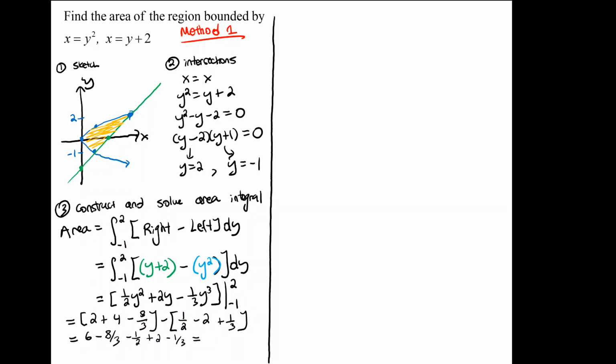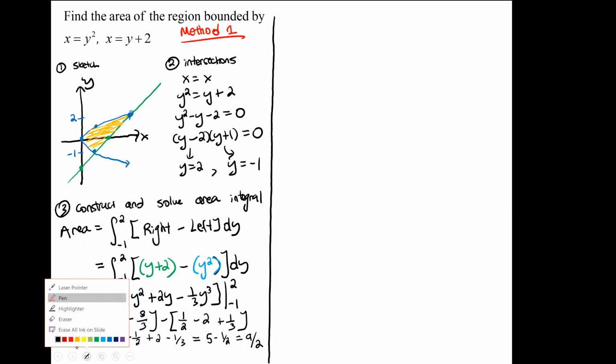So 6 plus 2, 8, and then -8/3 minus 1/3 is -9/3, which is 3. So 8 minus 3, 5, minus 1/2, which is 10/2 minus 1/2, we get 9/2 as our answer. Okay, 9/2. I just hope that one's right.